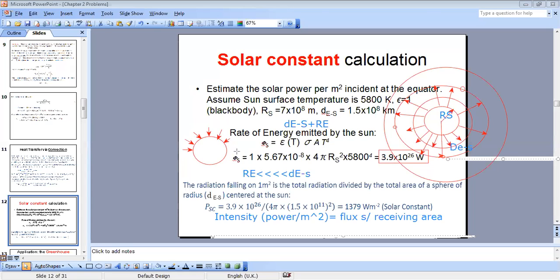Okay, so this is my case. And at any point, what is the value of the solar intensity? It's 1,379 watts per meter square.